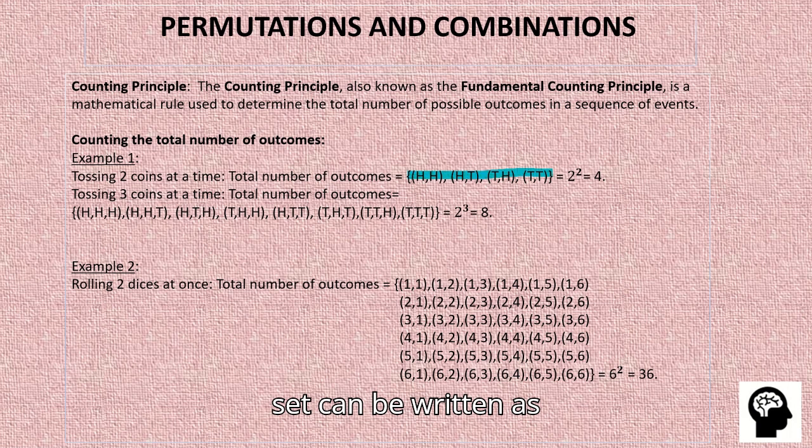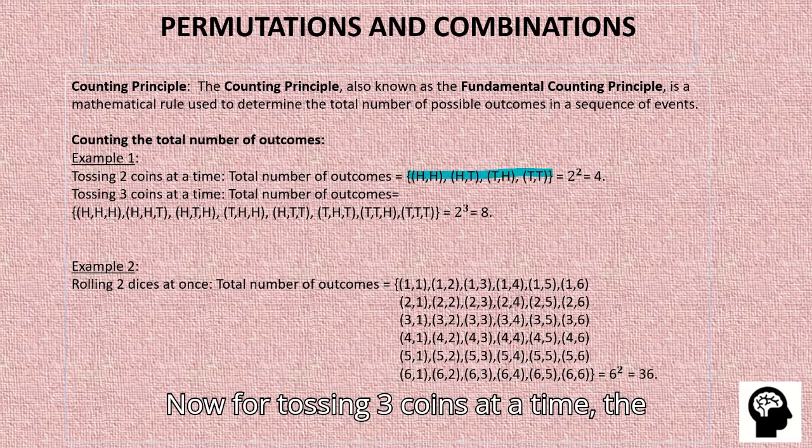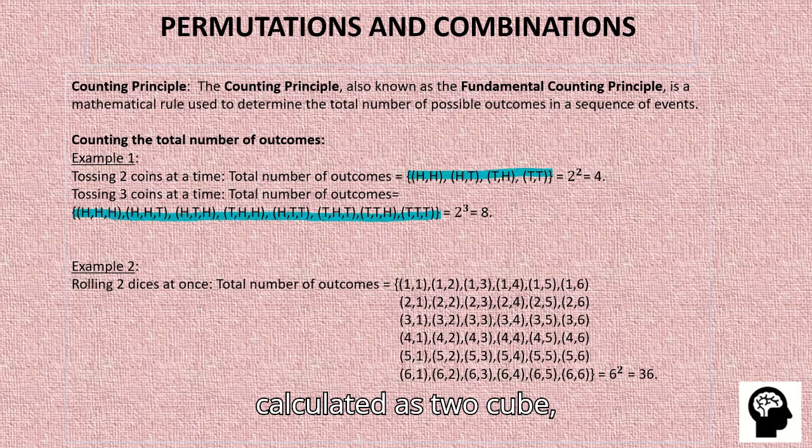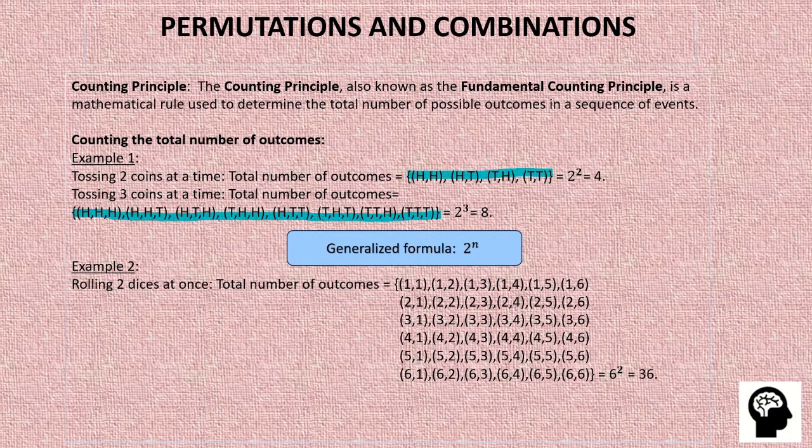The set can be written as this. Now for tossing 3 coins at a time, the total number of outcomes can be calculated as 2 cube. So that is 8. The set can be written as this.